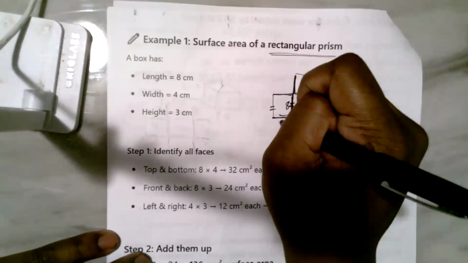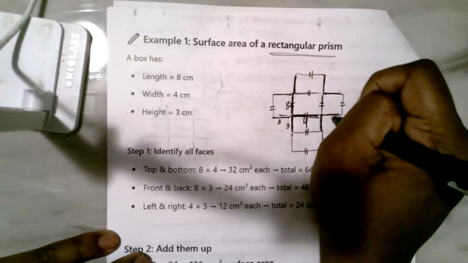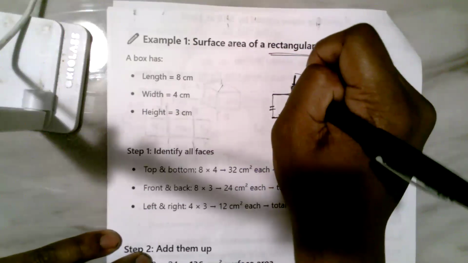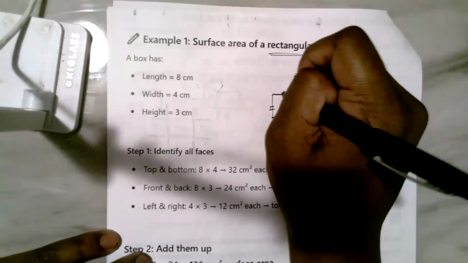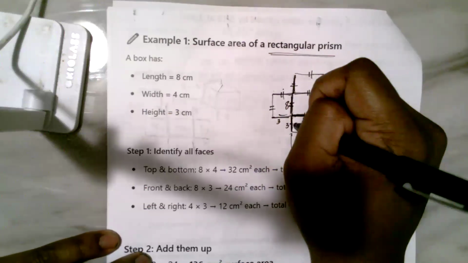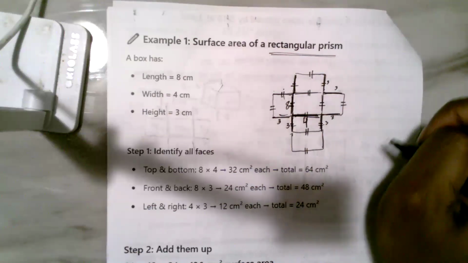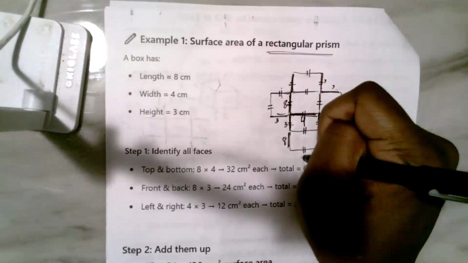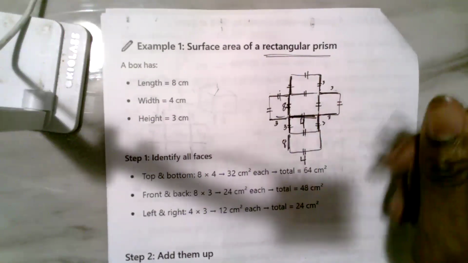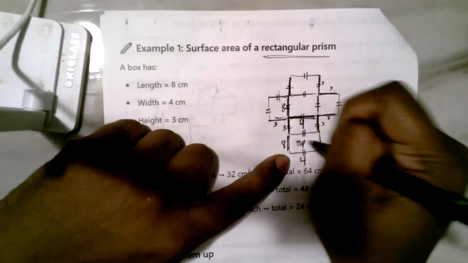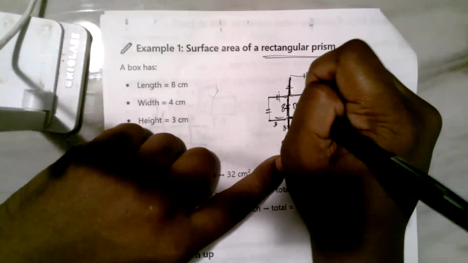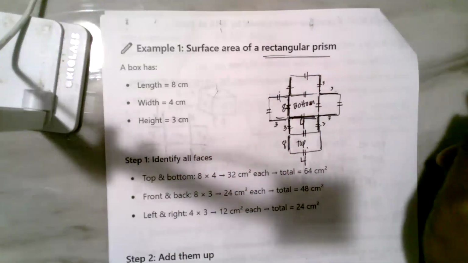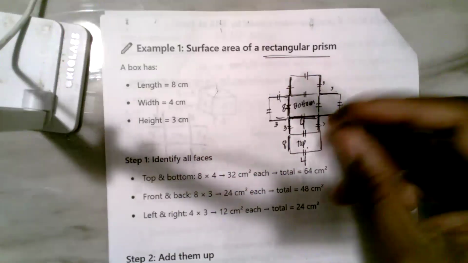It says the height is 3. So this is 3, this is 3, and so on. This is the same as the length and the width, because it is the top. And the top will always have the same as the bottom, right? Cool. So I was able to break that down.